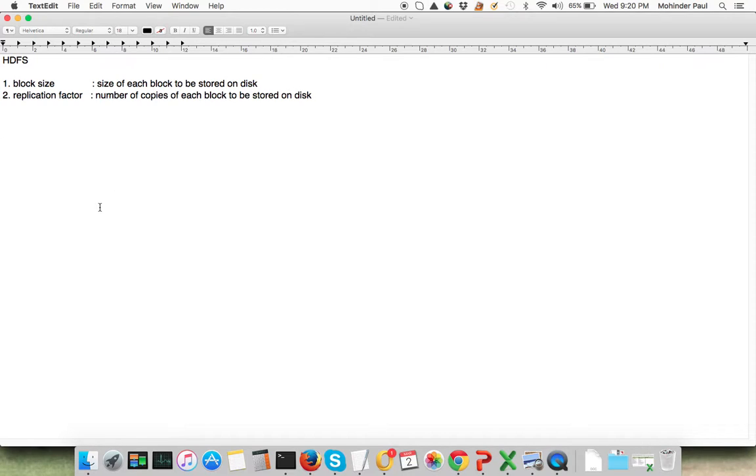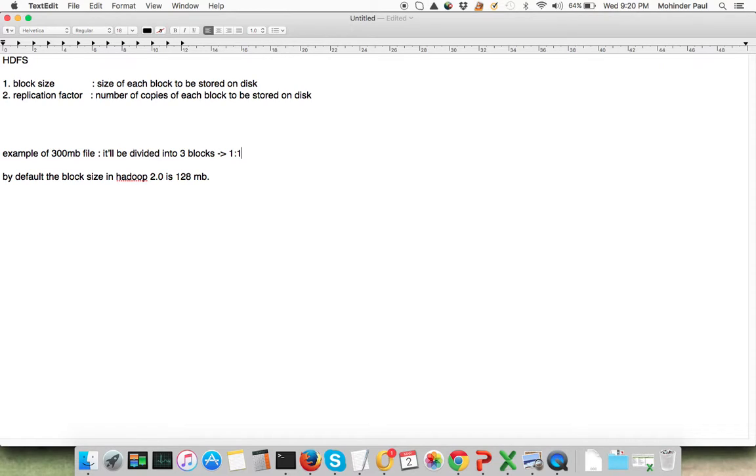So when I say block size, let's just take an example of, let's say, a 300 MB file. By default the block size in Hadoop 2.0 is 128 megabytes, which means if you take an example of a 300 MB file, it will be divided into three blocks, right?